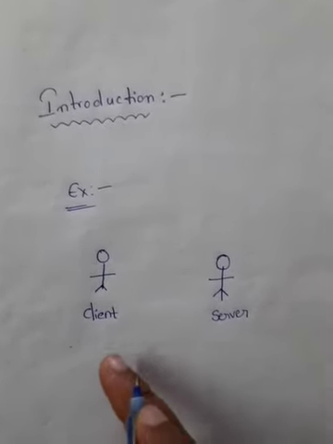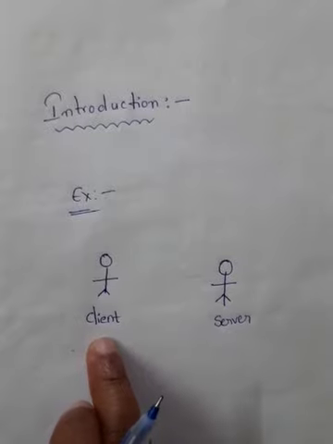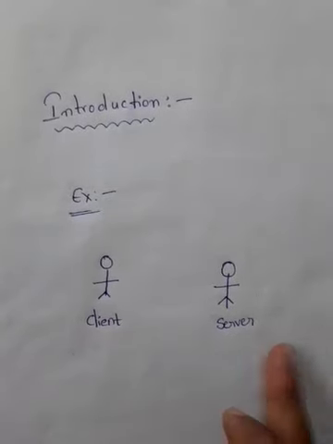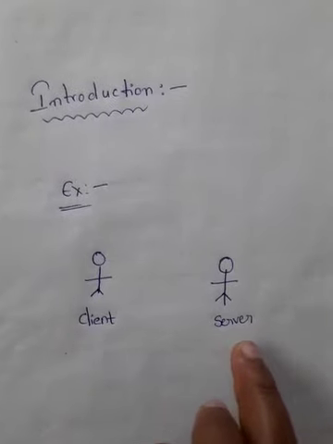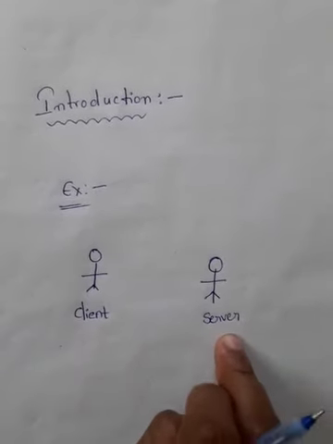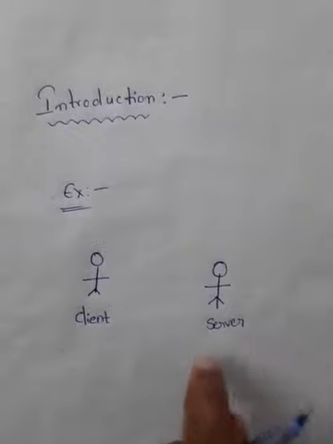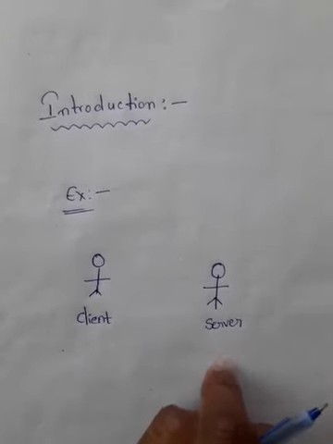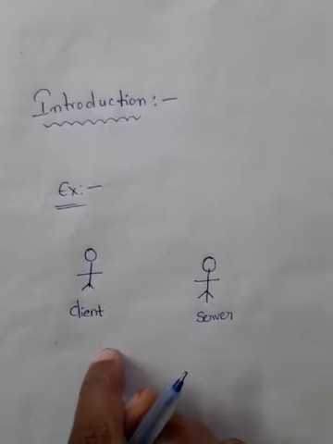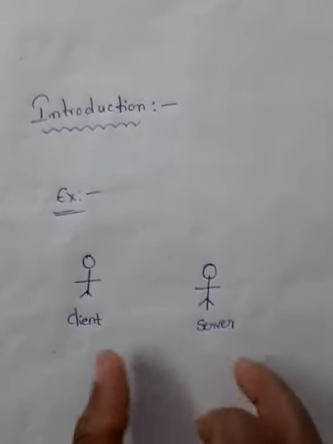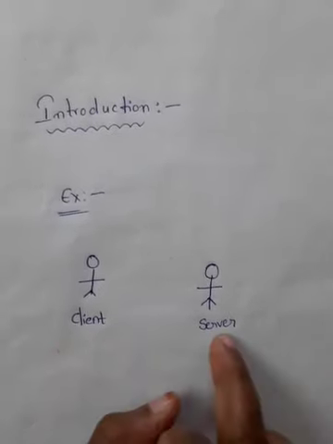The person who wants to send the request to the server or receiver is the client. The receiver will receive the request, execute it, and respond to the client based on the request.